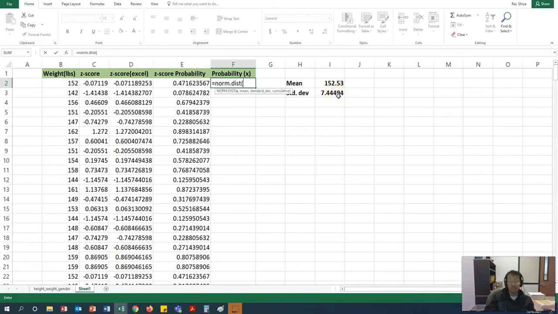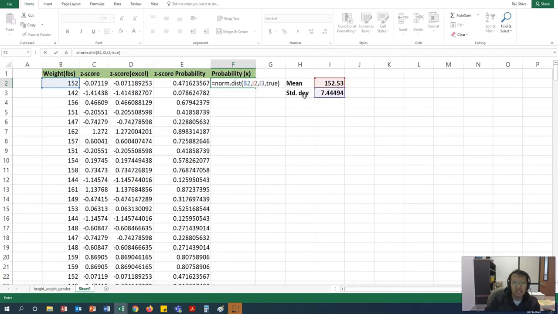Whereas the z-score always gives us a standard normal distribution with mean 0 and standard deviation 1. So NORM.DIST is for any normal distribution. The x value is this one, the mean is this one, the standard deviation is this one, and cumulative, yes, we want.